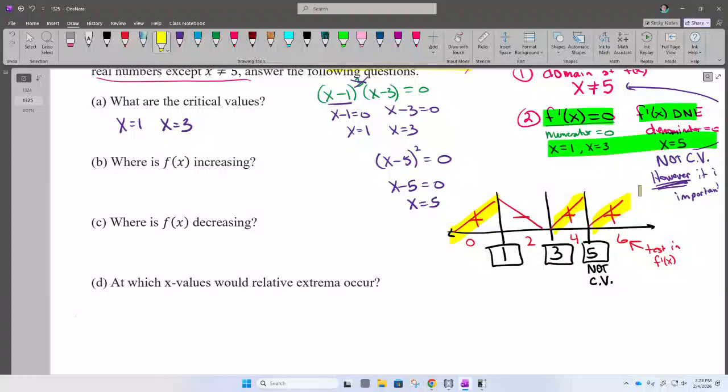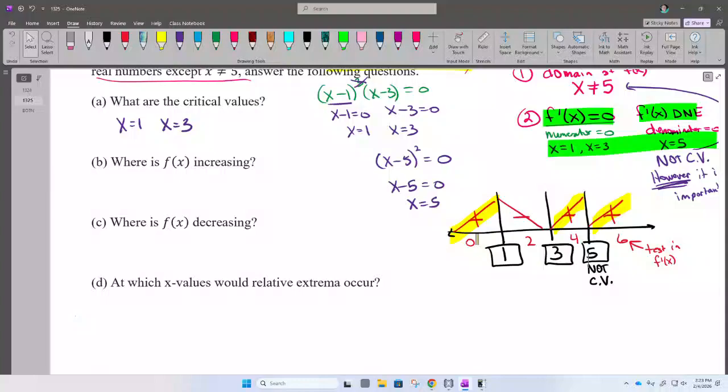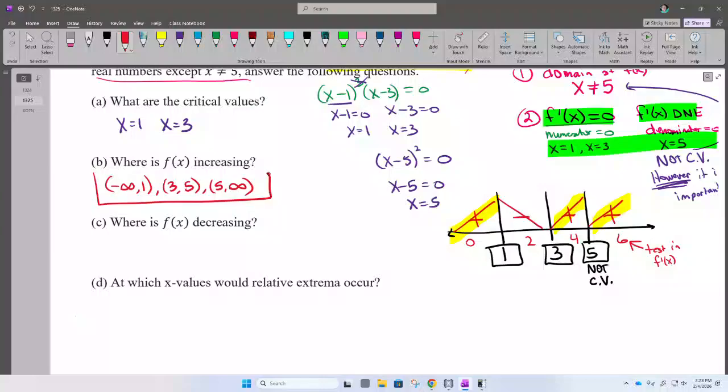In this case, it is an asymptote probably. So there's an asymptote going on at 5, so it can't increase through something that doesn't exist. So when you're writing out where it's increasing, that's from negative infinity to 1, from 3 to 5, and from 5 to infinity. Normally I prefer to put unions in between these, but your online homework prefers commas, so I'm just trying to get you in the habit of commas.